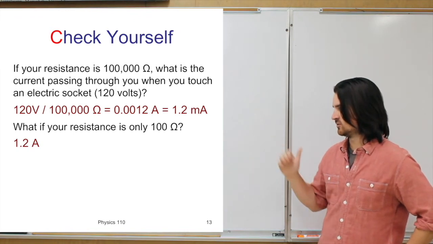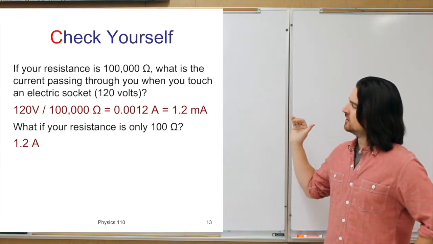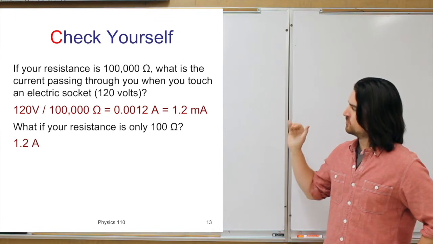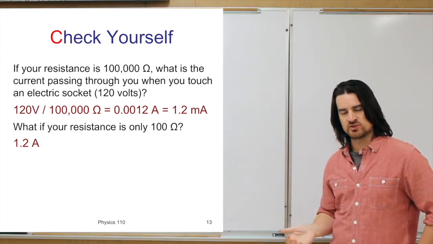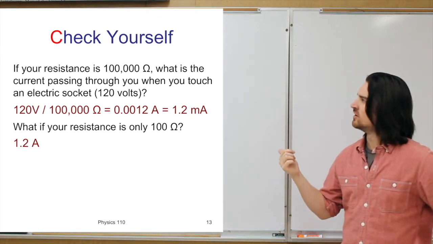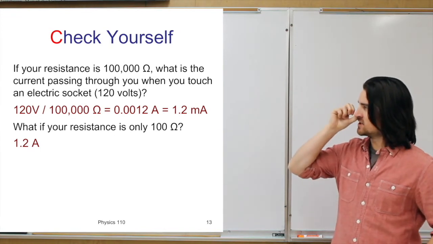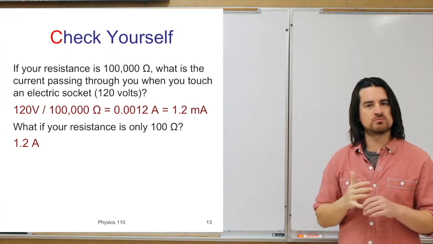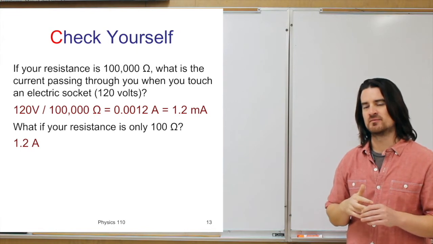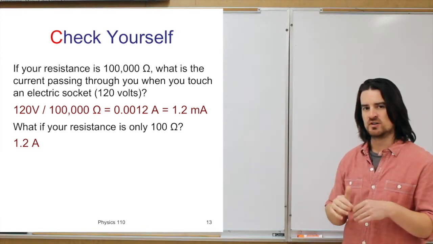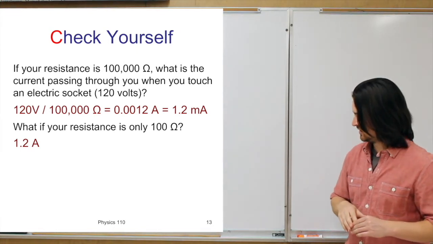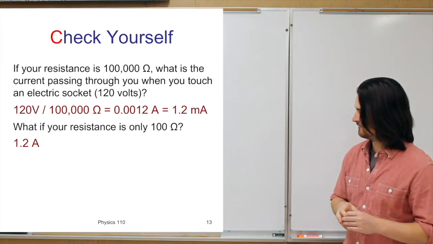So be very careful when dealing with electrical sockets. It's good that dry skin has a fairly high resistance, but if your skin is wet, then it conducts current a lot better. It has a much lower resistance.